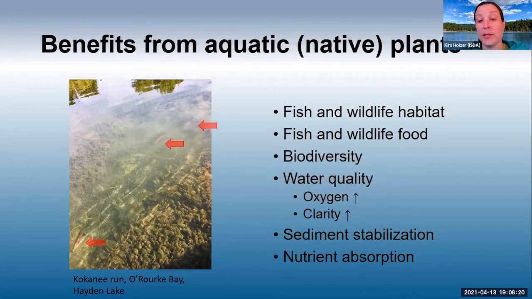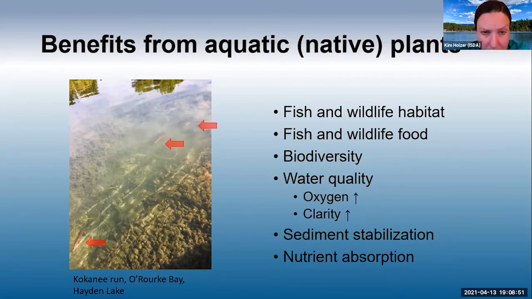Some of these native plants will improve water quality through pumping oxygen into the water column. They improve the clarity of the lake by stabilizing the sediment, but also by pulling sediment out of the water column. And they act as a nutrient sponge to help with different types of algal blooms, and by extension, also helping with water quality and clarity.